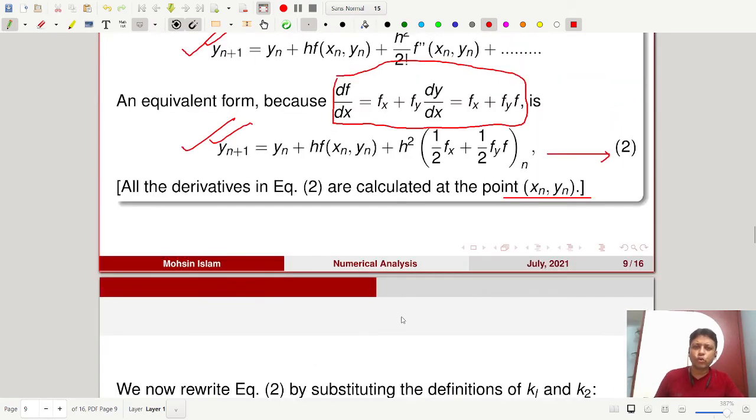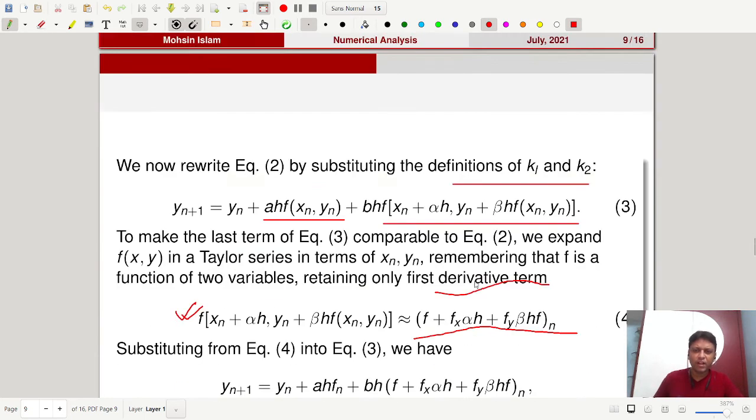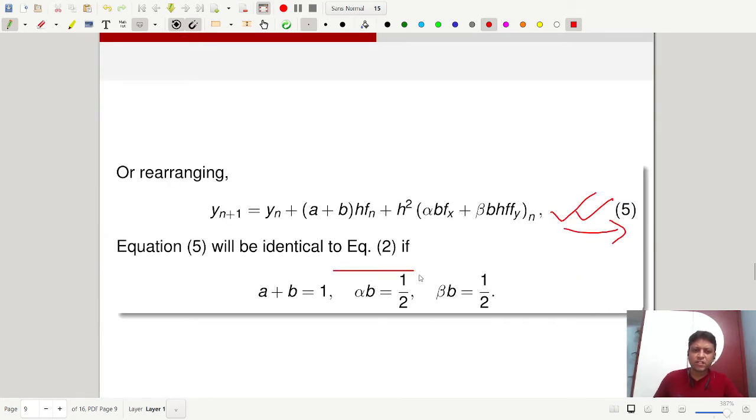Look at 2. 2 is h f(xn, yn), plus h squared times half of the partial derivative with respect to x, plus half of the partial derivative with respect to y times f. And your 5 is this one. So a plus b equal to 1, and alpha b equal to half and beta b equal to half. That is by equation 2.